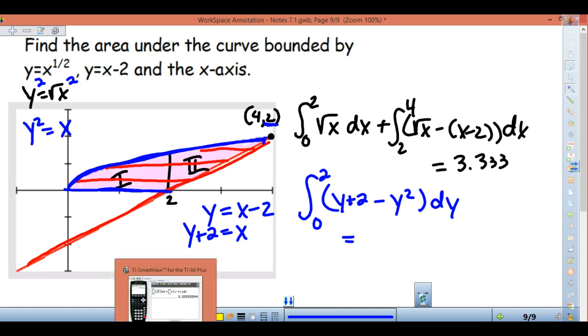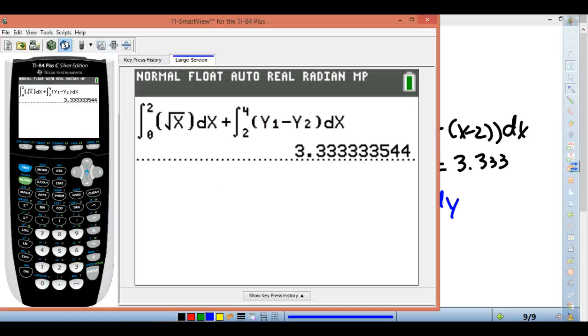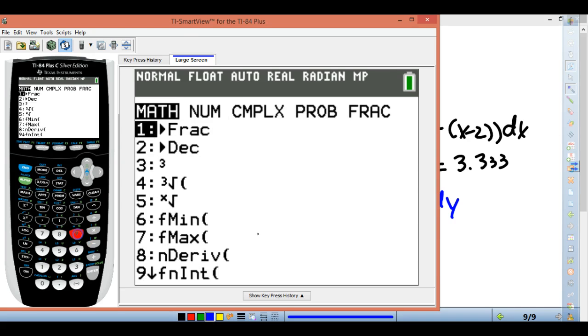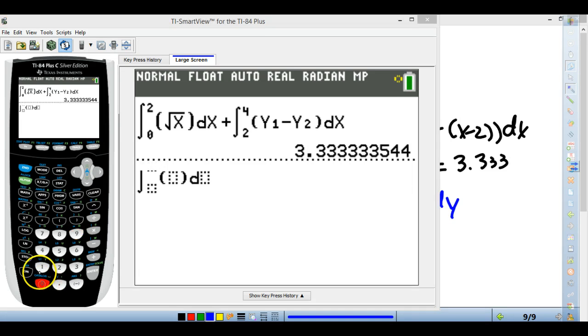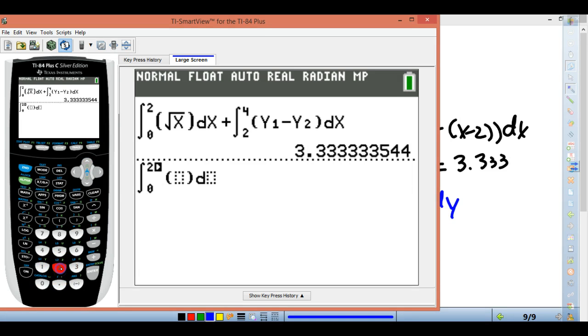So then I can do this all as one integral. Okay, since I'm finding the same area of the same region, I would expect to get the same area. So when you integrate this, we'll just review doing it on our home screen again, you'd want to just put this in terms of x. That would be, so we'll put in 2, and then we'll put it in as x plus 2 minus x squared.